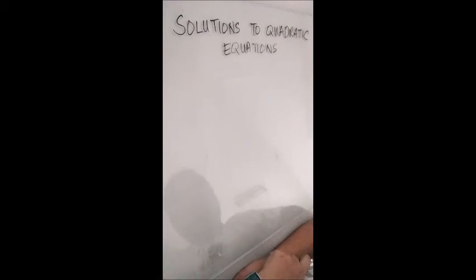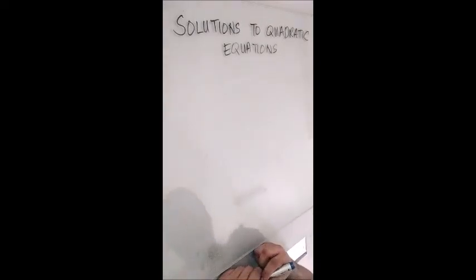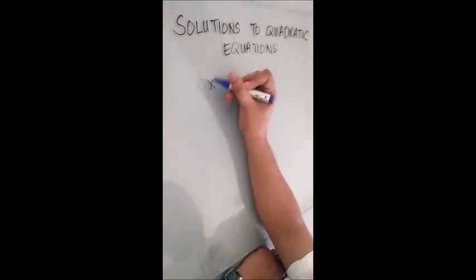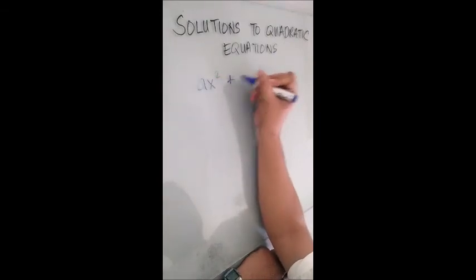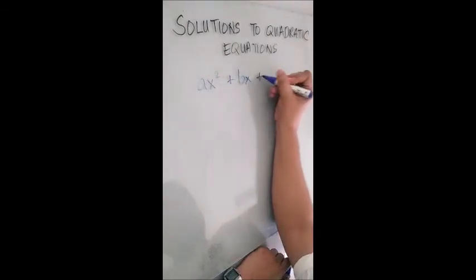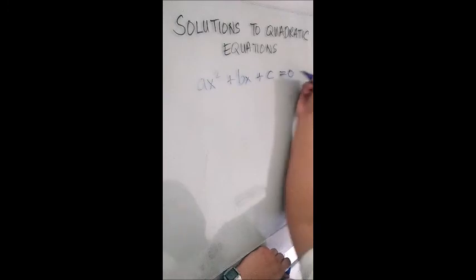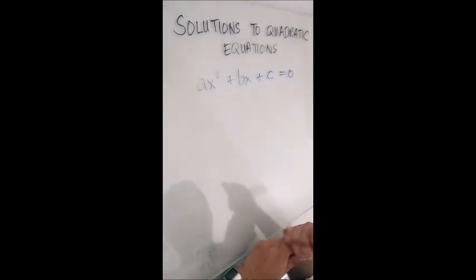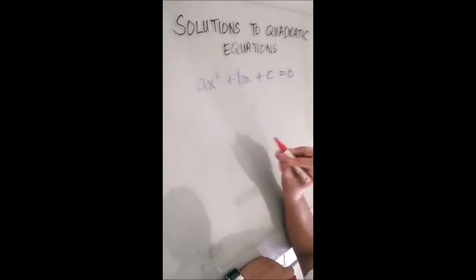Last time we learned how to solve quadratic equations by using the quadratic formula. Okay, so let us review. If we have a quadratic equation, ax squared plus bx plus c is equal to 0, how are we going to solve it using the quadratic formula?